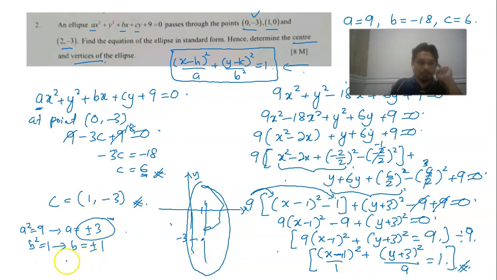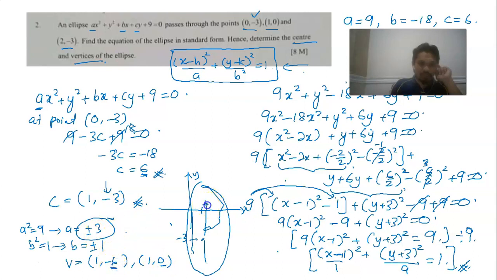So from here, the vertices are 1 and negative 6, and also 1 and 0. So plus minus 3 here. So 1, and the value of y will change from negative 3 plus 3 equal to 0, and negative 3 minus 3 equal to negative 6.